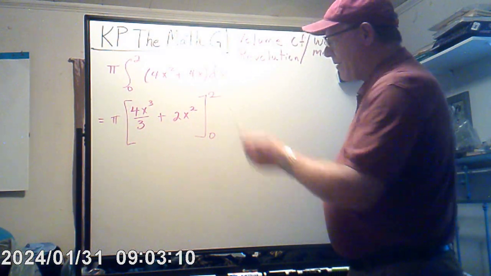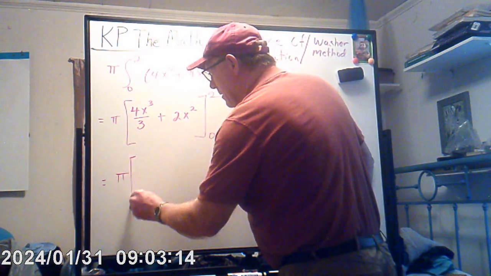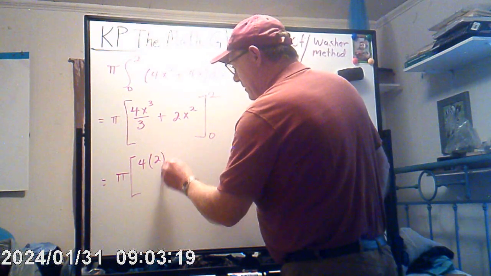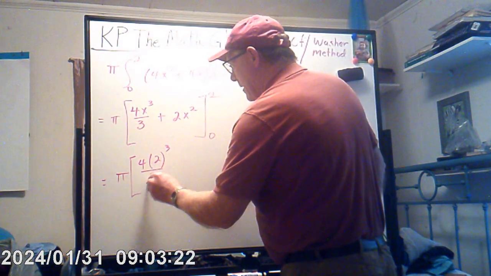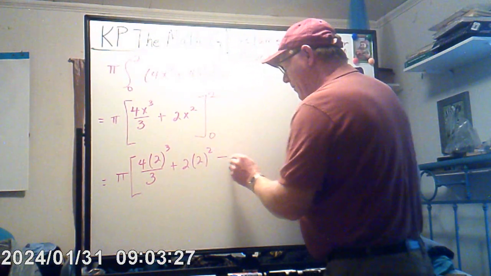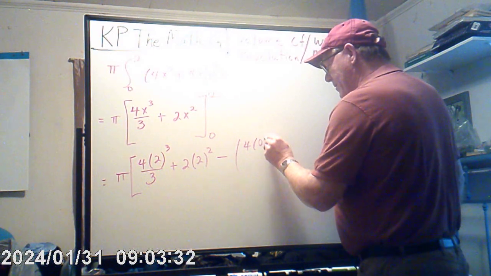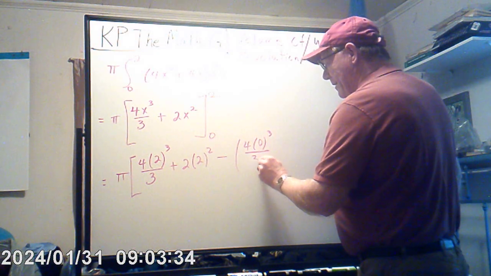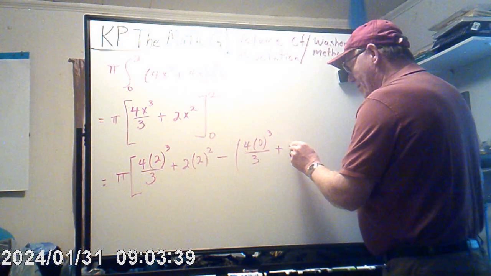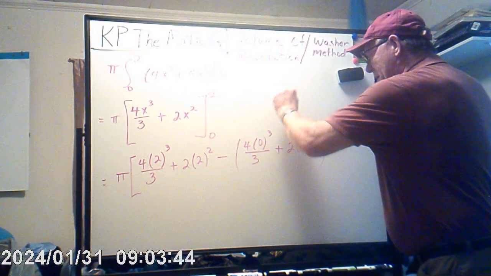Now we can just put in the numbers. So now we have pi times 4 times 2 cubed over 3 plus 2 times 2 squared. And then if you want, it's minus 4 times 0 cubed. When I know I'm plugging in 0 and I see x's in every term, you know what all of this is going to be, right? That's right, it's going to all be 0.